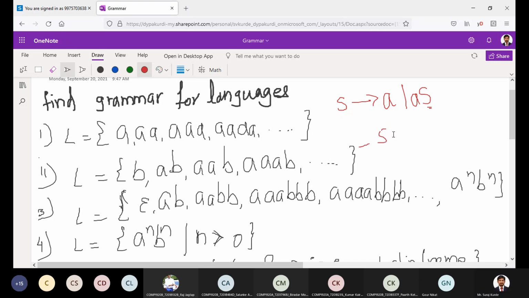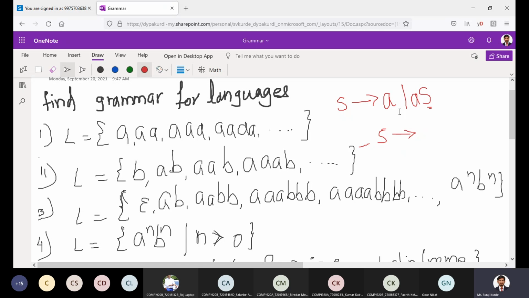Second, what does it generate? One B, right? At the end, it generates one B. And before that B, a number of A's are there.